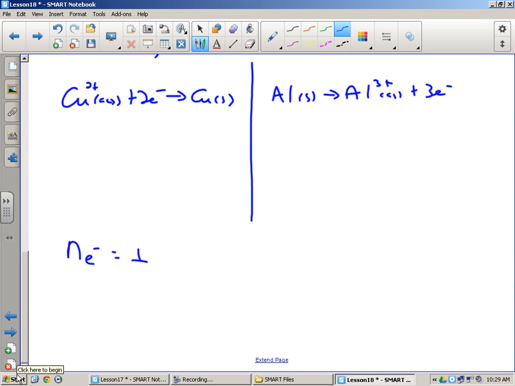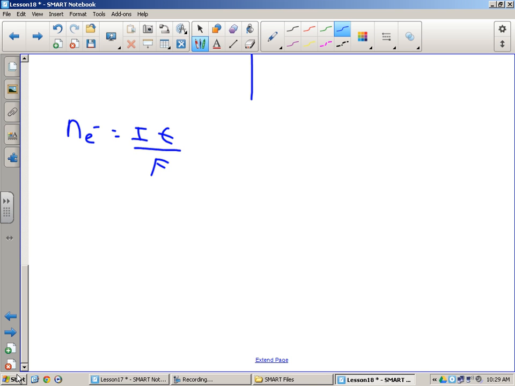Amount of electrons is IT over F. I know the amps, I know the time, I know F, so I can figure out the amount of electrons that have flowed through this system. So the amount of electrons is equal to I, which has to be changed to amps. It was 500 milliamps, which is 0.5 amps.